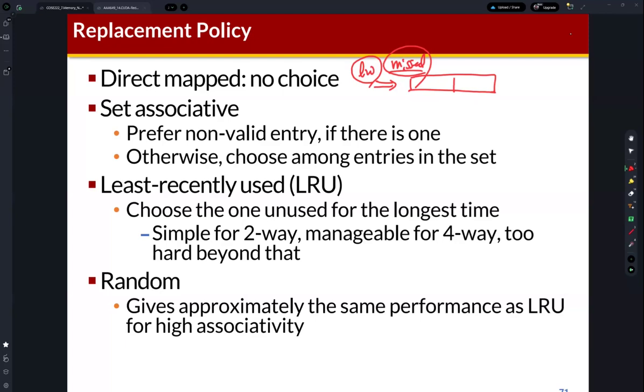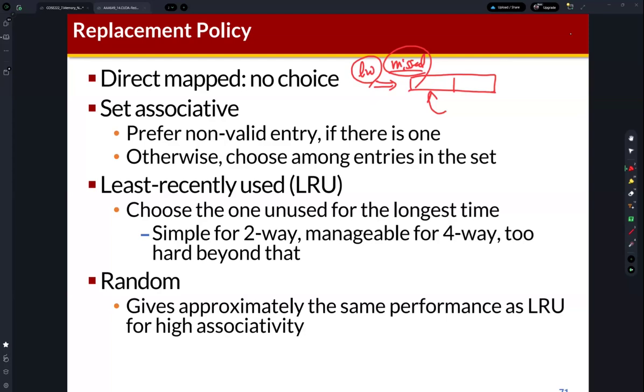Because this is a miss, we cannot find the requested data in the cache. Then this data block is fetched from the lower-level cache or memory, and the fetched block is newly allocated in the cache.